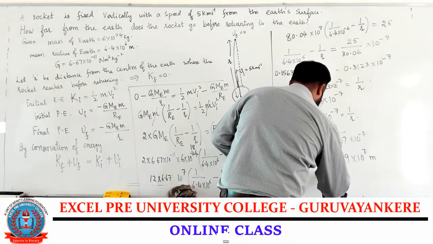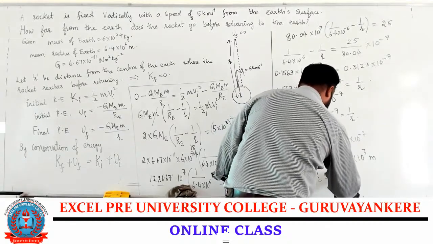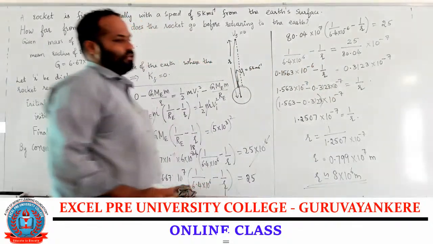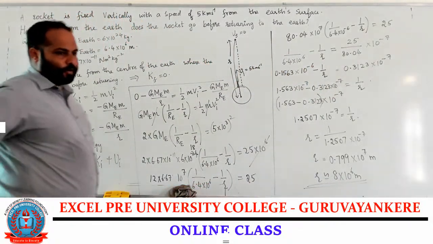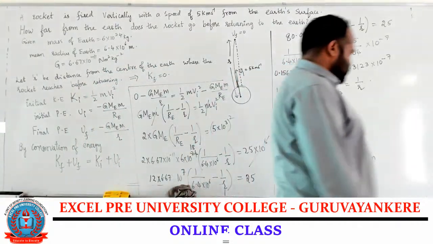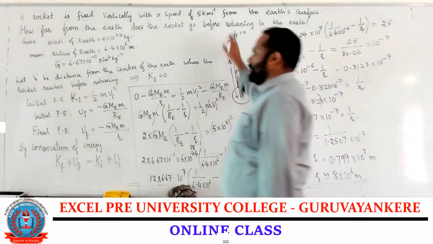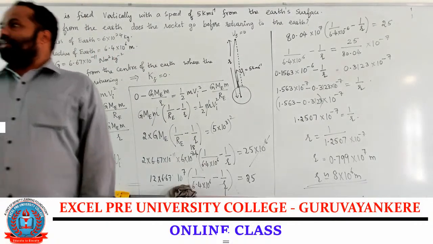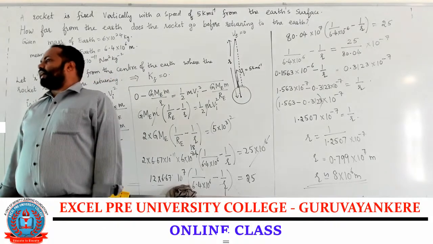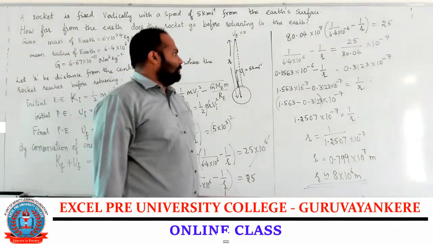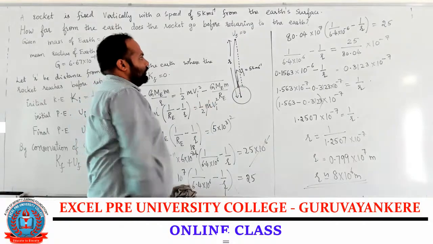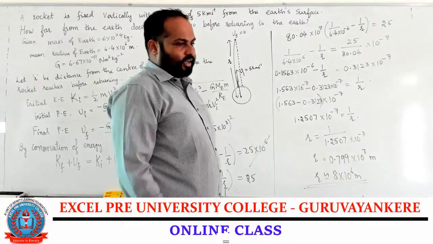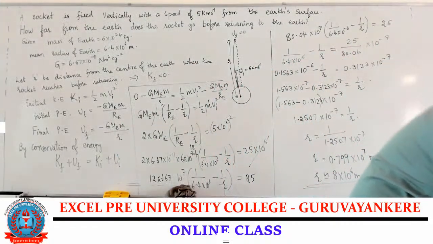So r is nearly 8 into 10 to the power 6 meter. This is the answer for this problem. So it will reach a height of 8 into 10 to the power 6 meter. Then it will come back towards earth. So that is how the problem must be done.